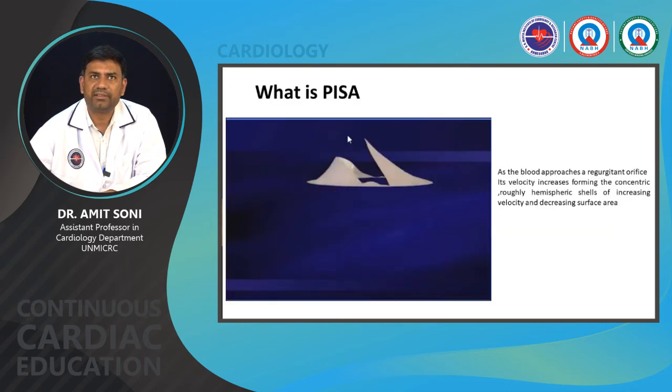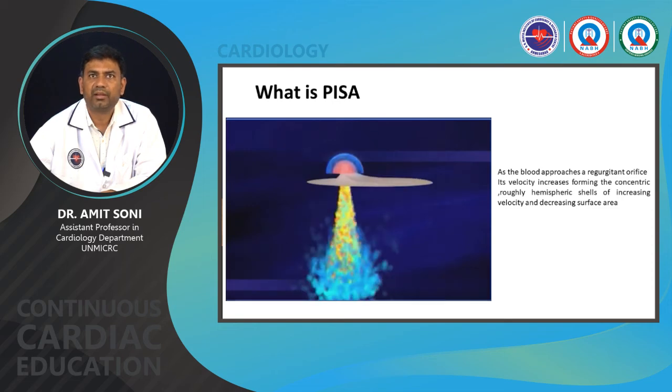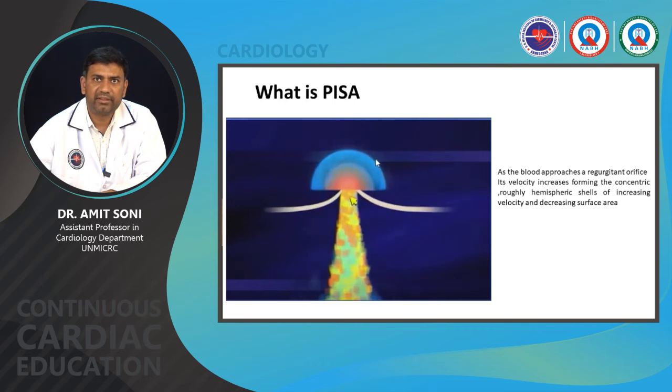So what is PISA? Proximal isovelocity surface area. As the blood approaches a regurgitant orifice, its velocity increases, forming concentric, roughly hemispheric shells of increasing velocity and decreasing surface area.